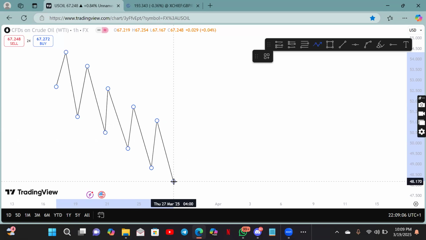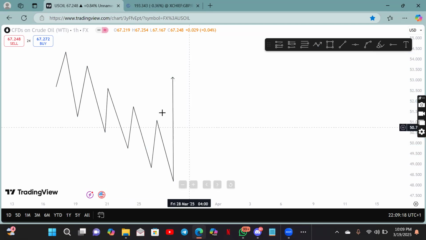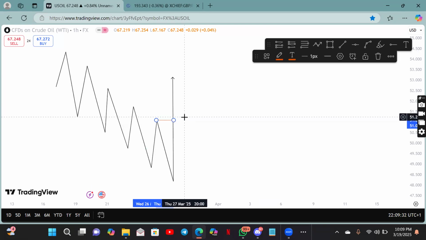Then eventually the trade comes like this and breaks this thing. What just happened now is a change of character. This change of character is the signal for you to wait for to trade.